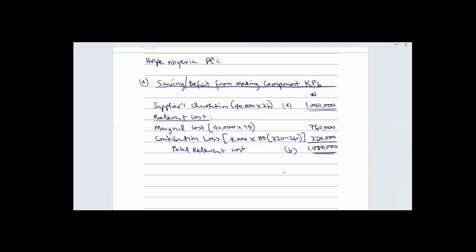So I would then say, Hope Nigeria PLC should purchase component KP6 in order to save 40,000 naira.